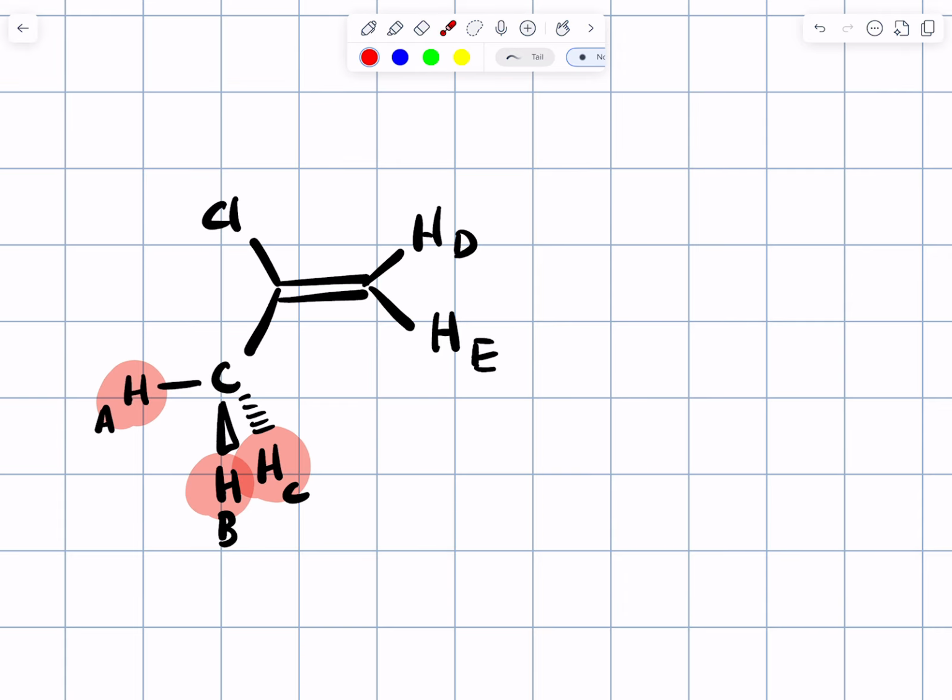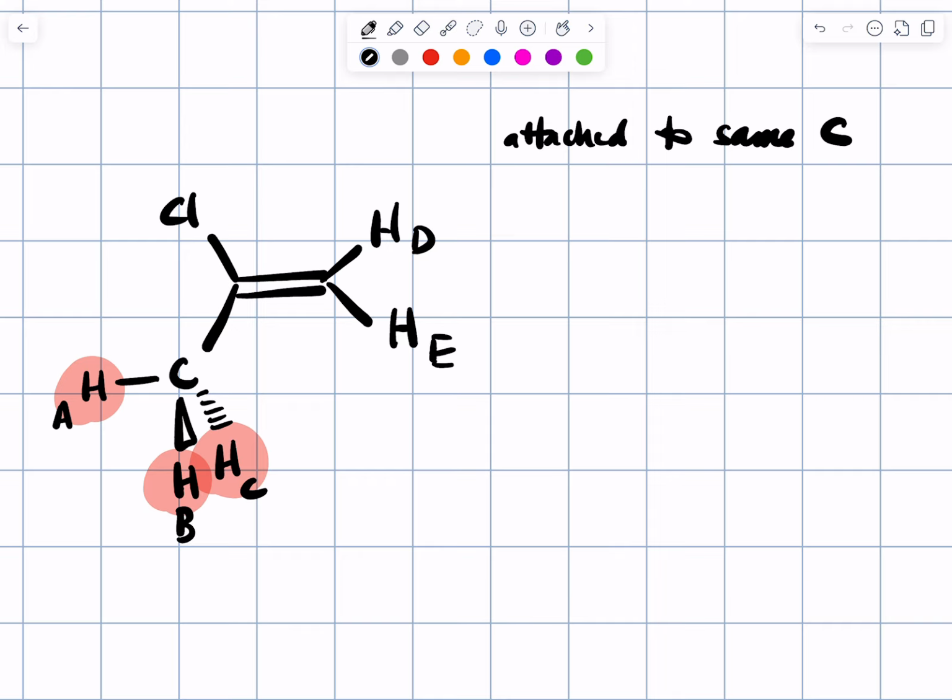So to determine whether something's diastereotopic or not, it's usually that the 2 groups are attached to the same carbon, but then you look for an axis of symmetry that makes them interchangeable. And if you don't find that, you look for a mirror that makes them interchangeable.